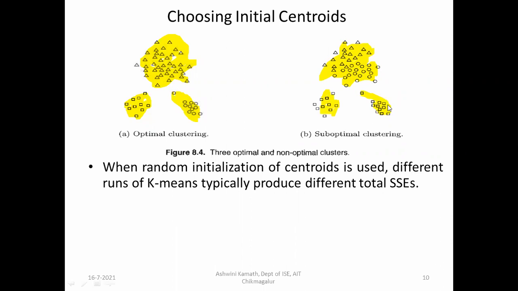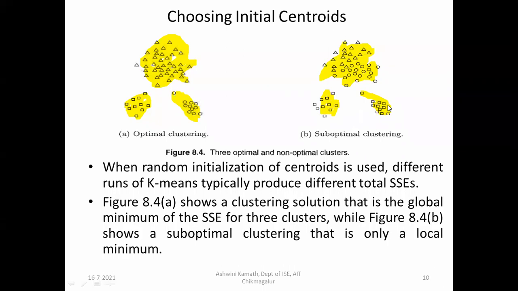When a random initialization of centroids is used, different runs of K-means typically produce different total sum of squared errors. When we choose the centroids randomly and execute K-means different number of times, it will produce different total sum of squared errors. Figure 8.4a shows a clustering solution that is the global minimum of the sum of squared error for 3 clusters.